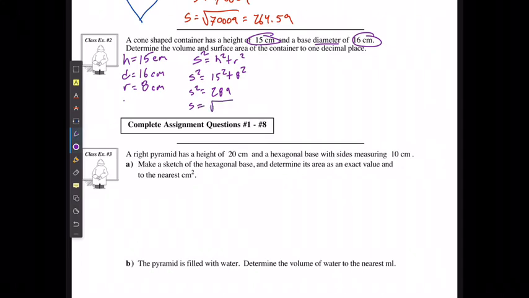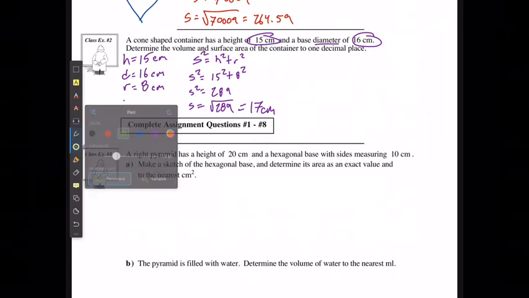So I'm going to take the square root of 289. Now in this case, it works out perfectly as 17.